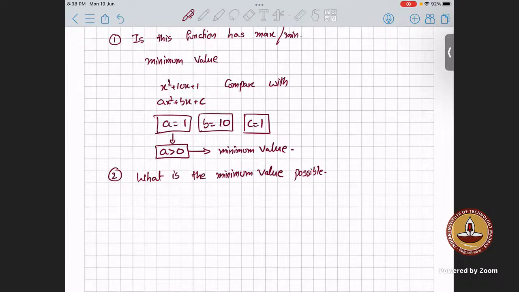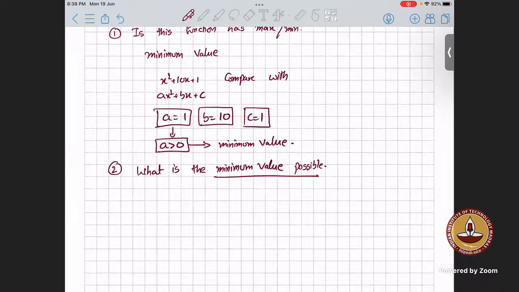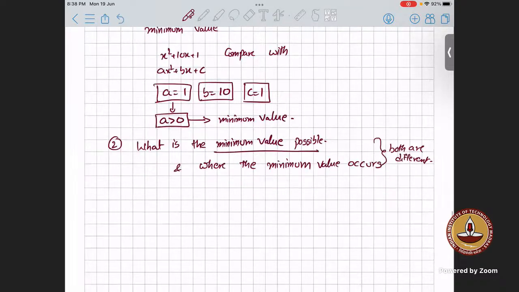Minus b by 2a? Look, the minimum value possible and where the minimum value occurs are both different. Where the minimum value occurs is x equal to minus b by 2a.